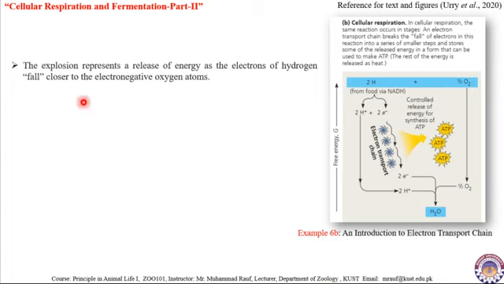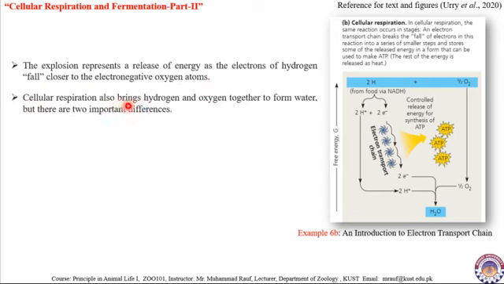Now, in the previous slide, we were referring to a process which is uncontrolled. The same process also occurs in aerobic cellular respiration, but it is highly controlled and coordinated. So the explosion represents a release of energy as the electrons of hydrogen fall closer to the electronegative oxygen atoms.